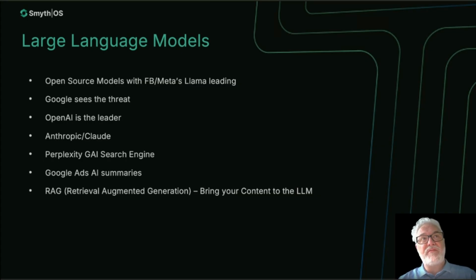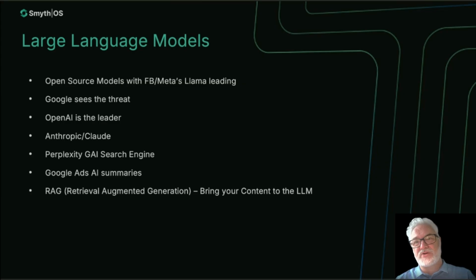And even before we saw that OpenAI was clearly the leader, Google saw the threat of open movements and open source, in particular.